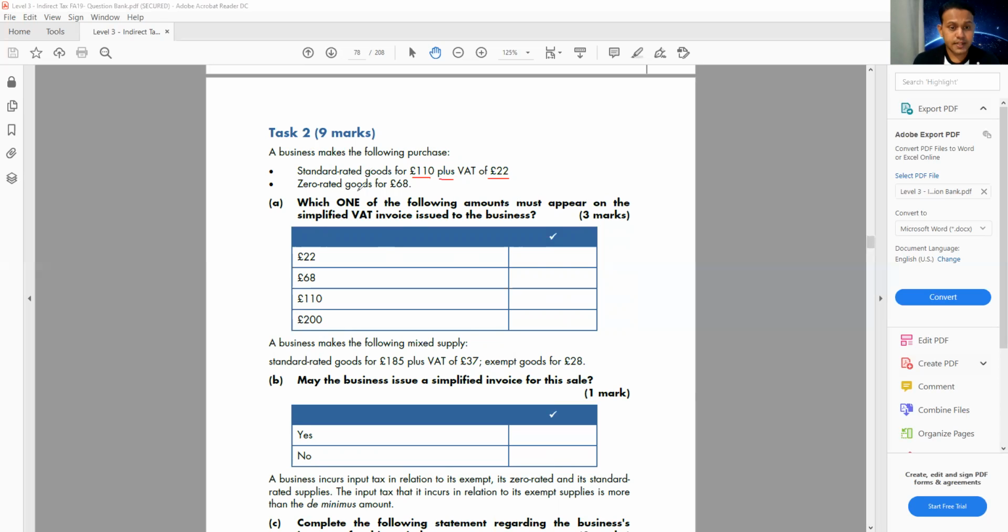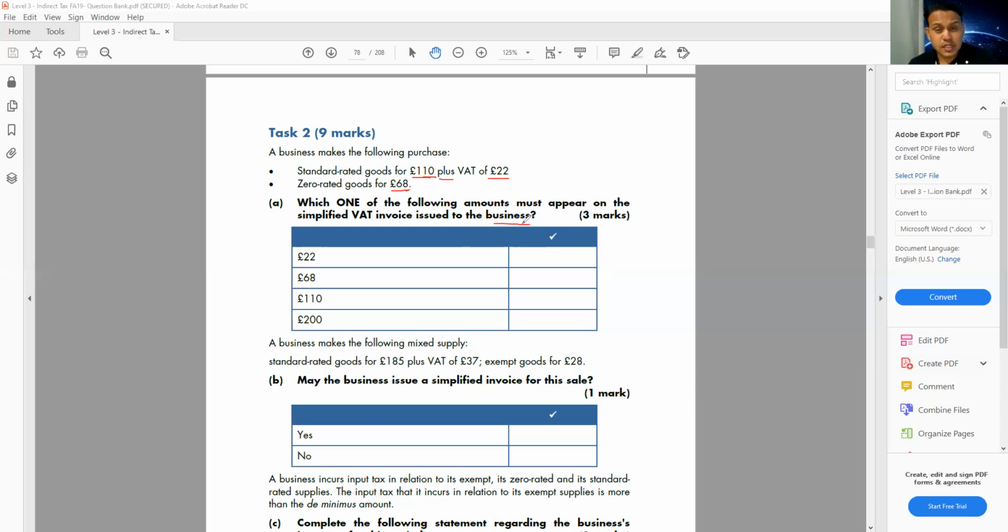Zero rated goods for 68. So we have standard rated 110 and zero rated 68. Which one of the following amounts must appear on the simplified VAT invoice issued to the business?